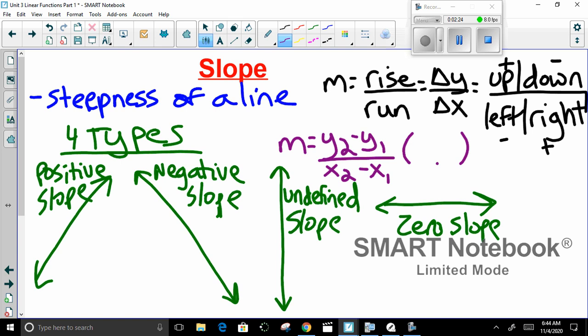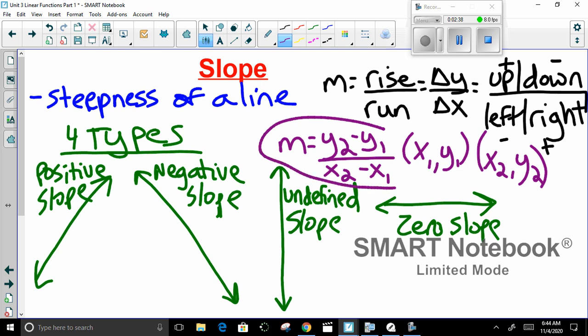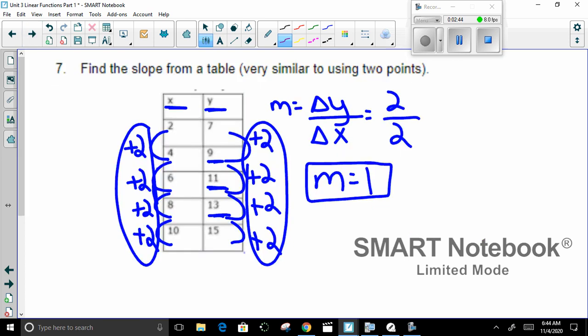If I'm given 2 points, I have 2 x's and 2 y's. I call the first one x1, y1, and I call the second one x2, y2. And that helps me figure out what numbers go in place for my formula when I'm given 2 points. All right, we're going to go a little bit further and look at it from a table today.